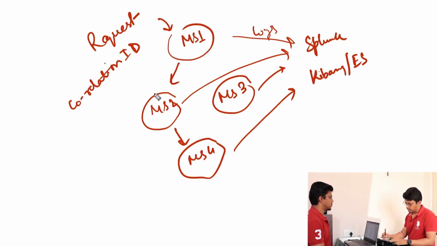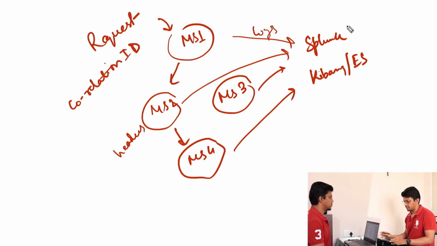This correlation ID will be passed through each of the headers, and it will be logged in Splunk or Elasticsearch. Suppose anything goes wrong with a request, we can later take out that request and see how it was processed in the back end.